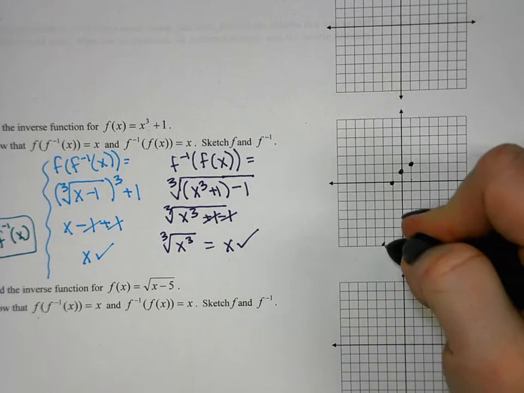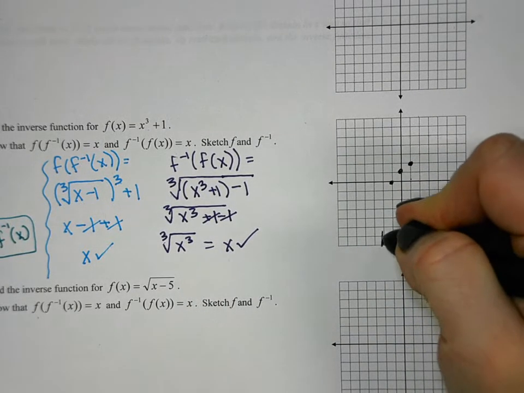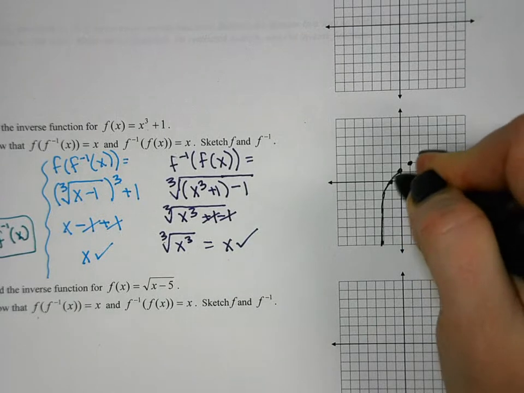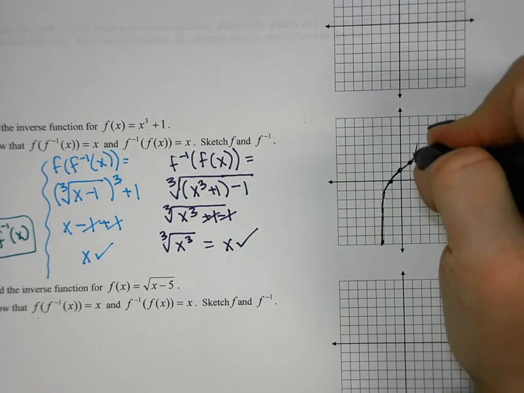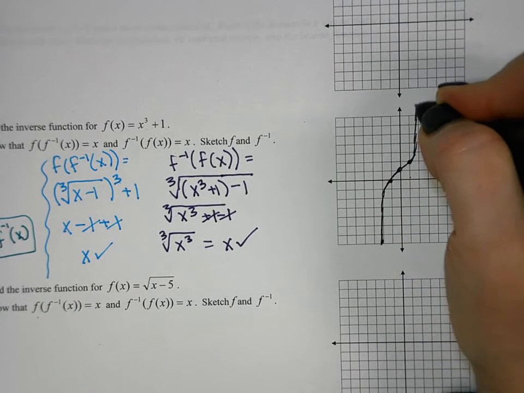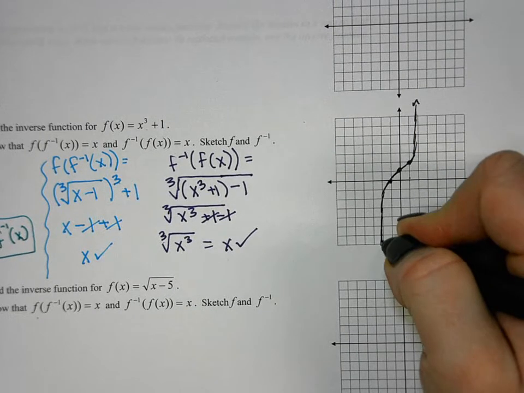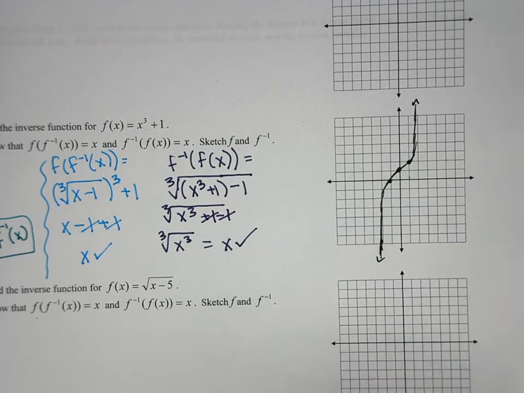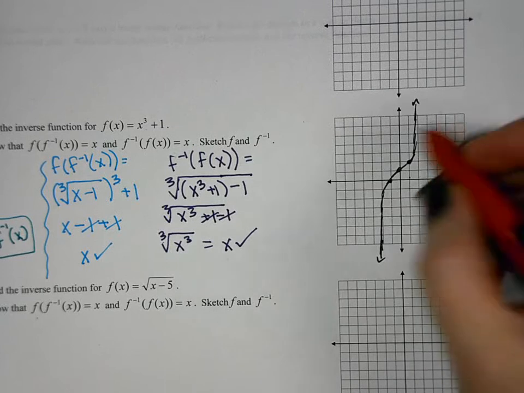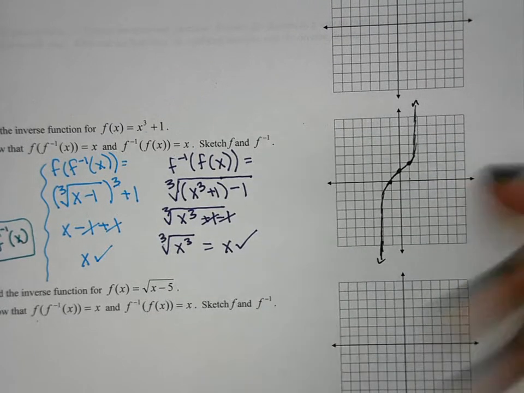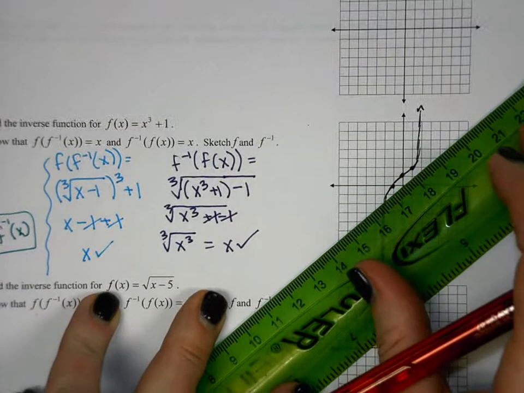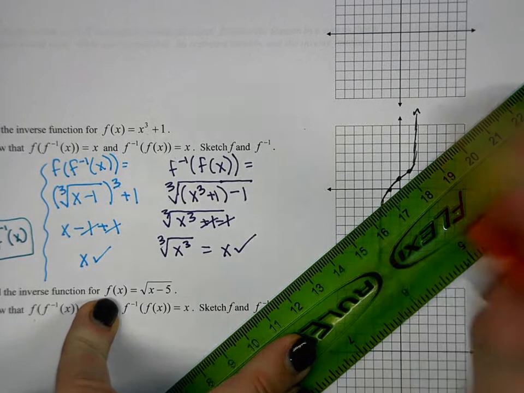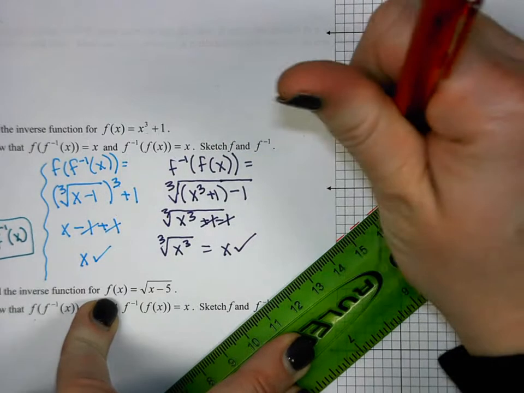Okay, so I can sketch my cubic, and I know that this is going to go something like that because it goes off my graph. Then I'm going to draw my reflection line so that we can tell what we're reflecting over.